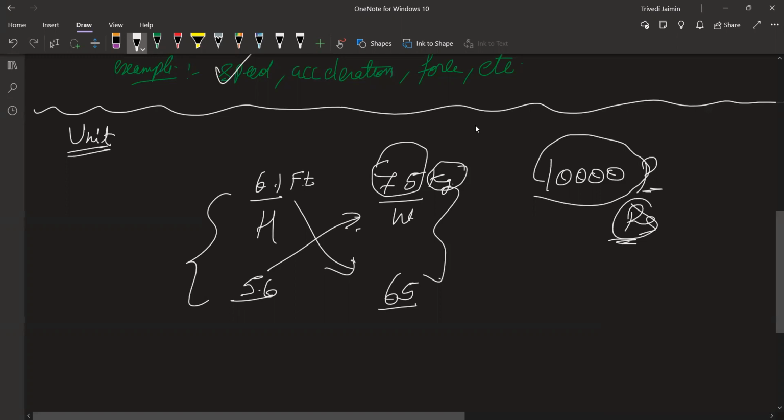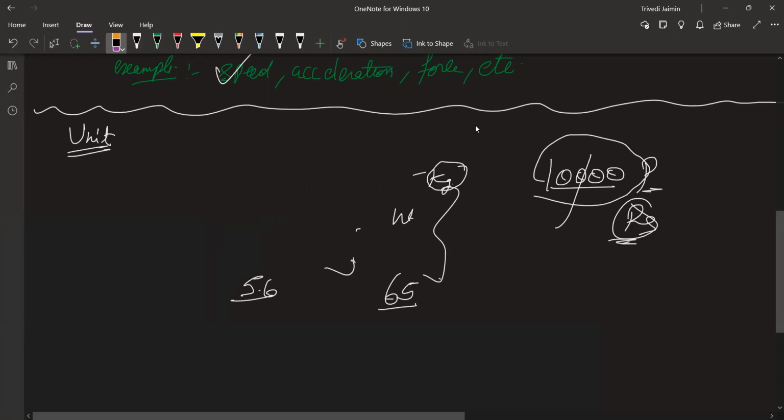If I say I'll give you 10,000 paise, you need to divide by 100, which means I'll give you 100 rupees only. So unit gives a meaning to the number. So the unit is important. It gives a comparison, so many things. Without this unit, there is nothing.